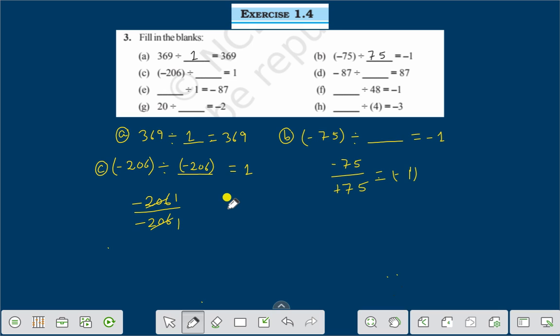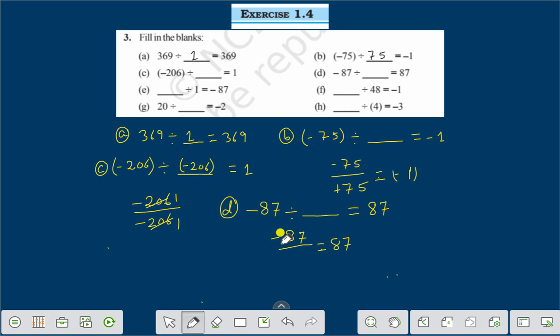Now question number D is minus 87 divided by dash is equal to 87. Here you see minus 87 divided by dash gives us 87.